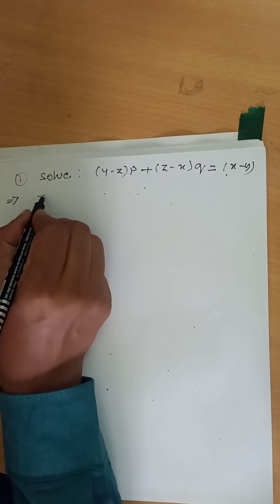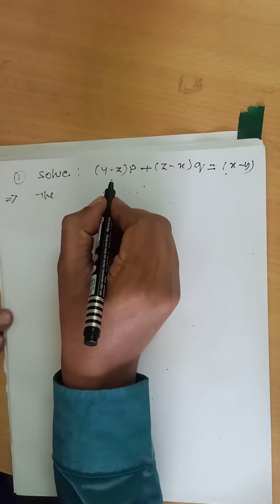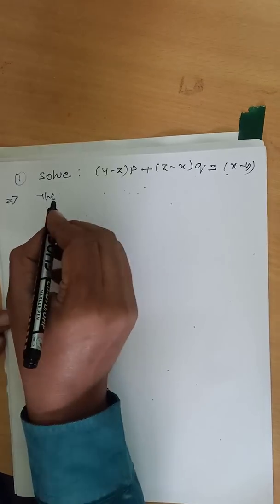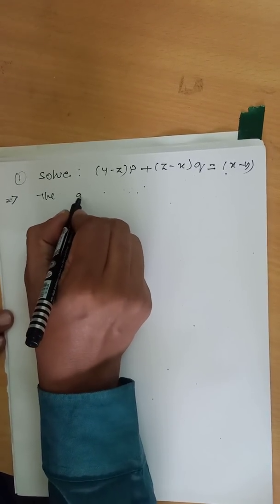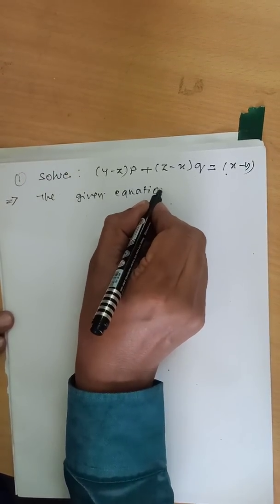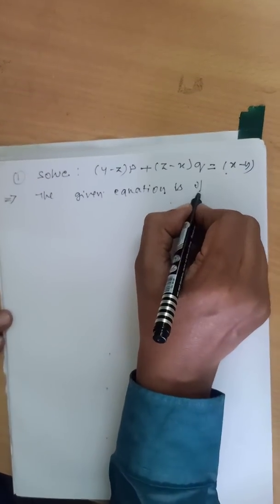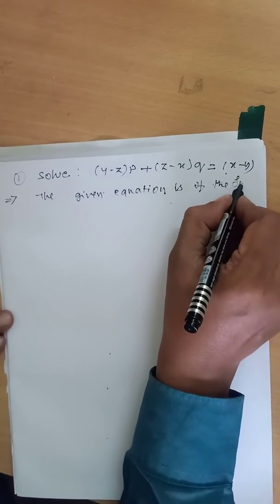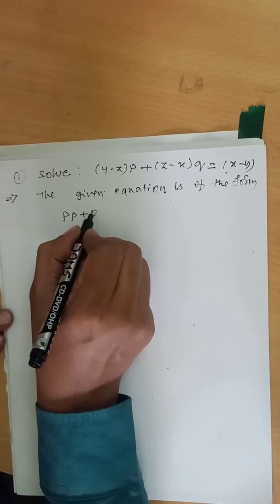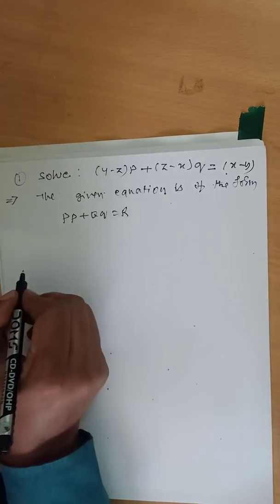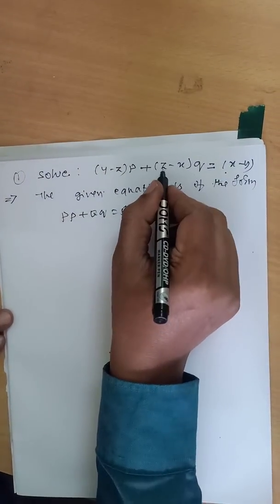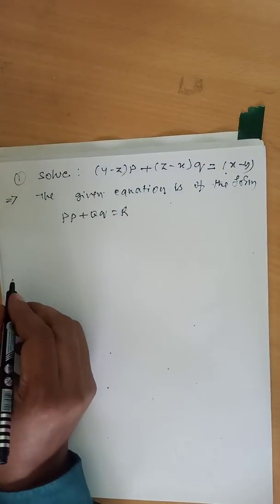Solution. First, we confirm the given partial differential equation is of the form Pp plus Qq equal to R, where capital P is y minus z, capital Q is z minus x, and R is x minus y.